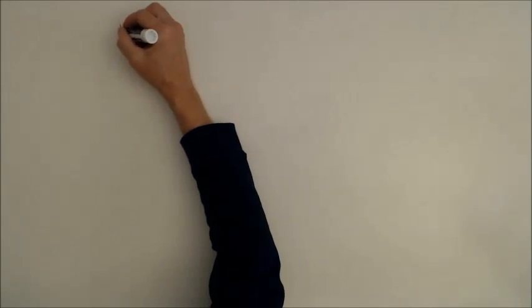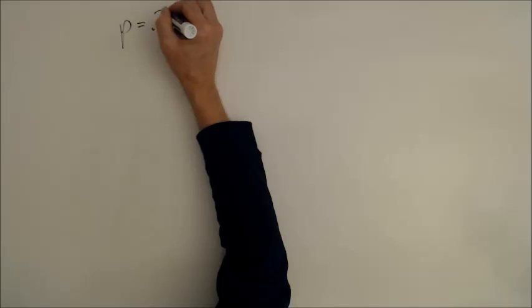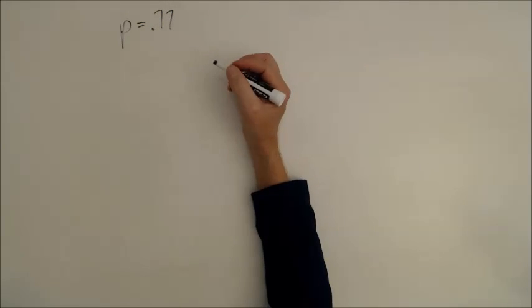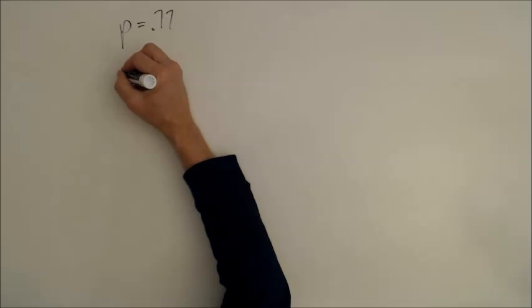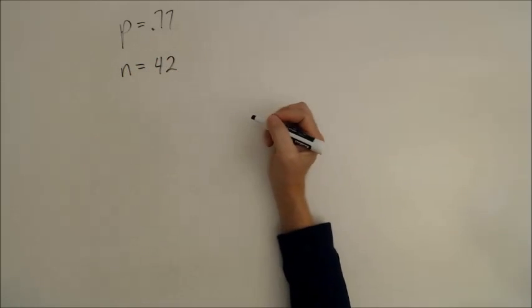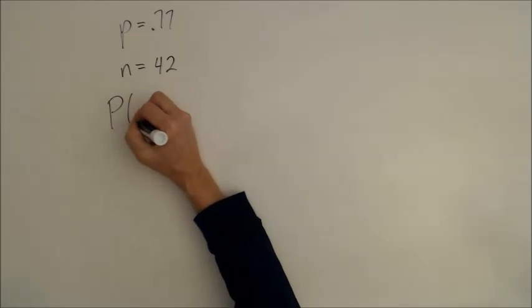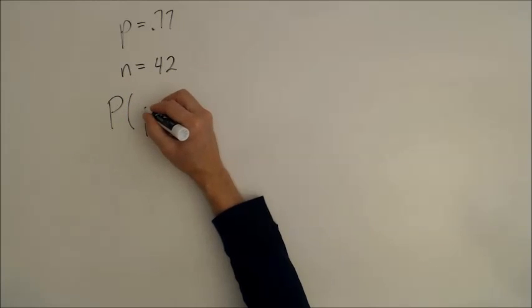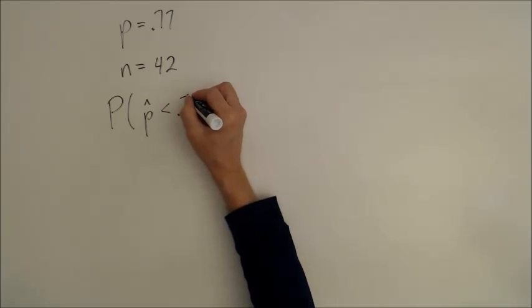In this problem, it suggests that of all male drivers, 77% of this population continues driving even when lost, suggesting that we consider a sample of 42 of these male drivers. We're asked to determine the likelihood or the probability that in such a sample we observe a sample proportion less than 73%.